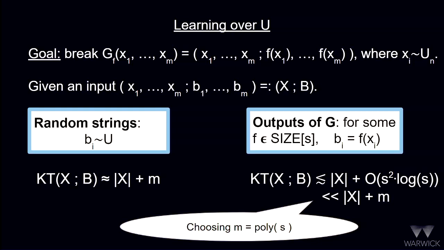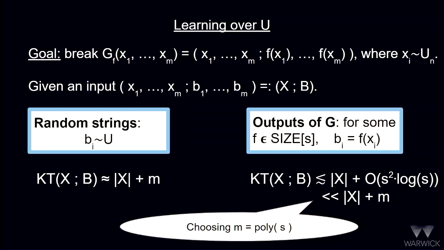And we just want to be able to tell whether it's a random string or whether it's an output of the generator. In the case that we're looking at a random string, well, one thing we know is that with very high probability over uniformly random strings, they'll have nearly maximum KT complexity. So KT of X and B in that case will be something close to its length.